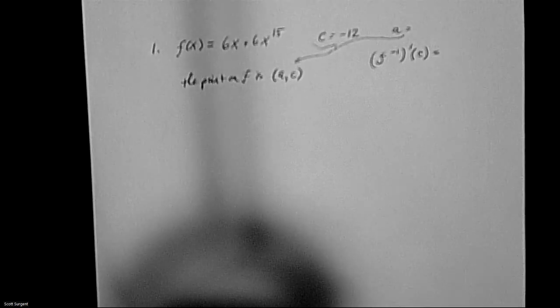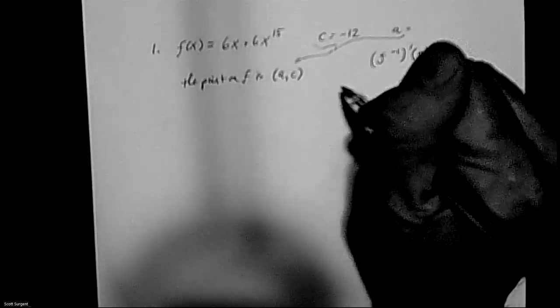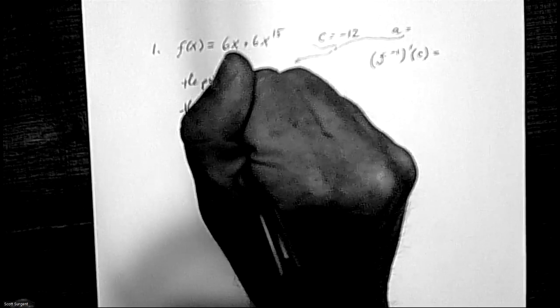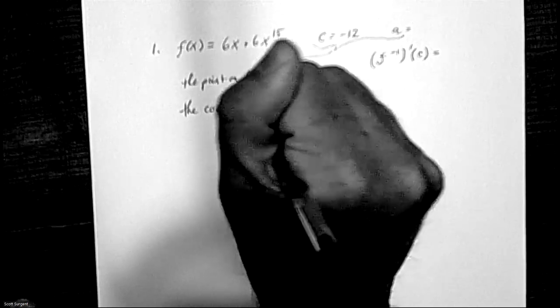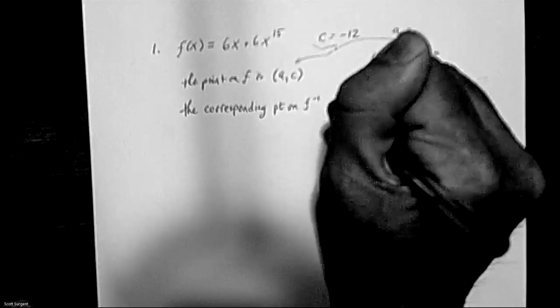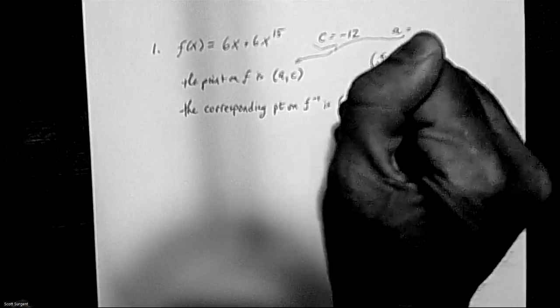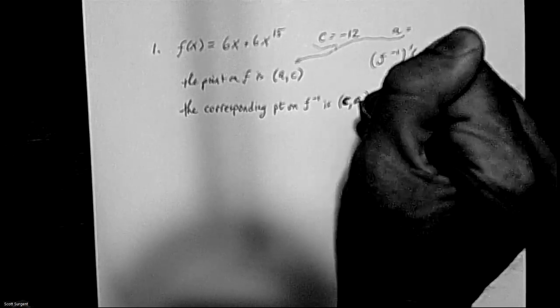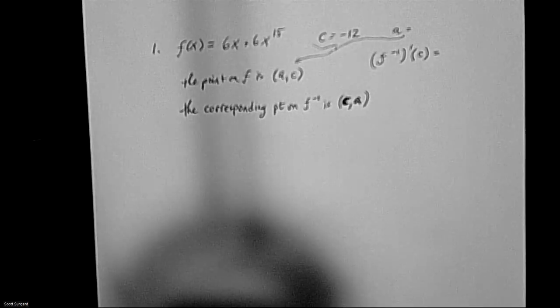They haven't made that clear. Conversely, the corresponding point on the inverse graph will be (c, a). So if I solve f of x for c, I would get a. You just kind of swap them.